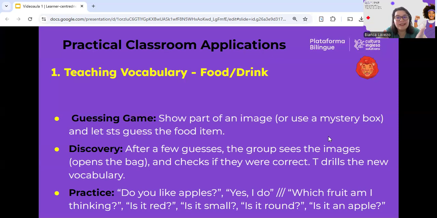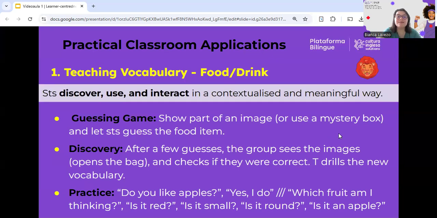Or another guessing game in the form of a dialogue, right? So which fruit am I thinking of? And then the student says, oh, is it big? Is it round? Right? Is it red? And so it goes. And so there's language production over there as well. And it's more student-centered because students get to discover something.